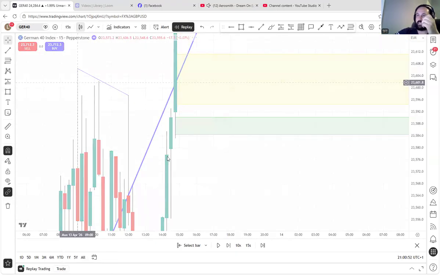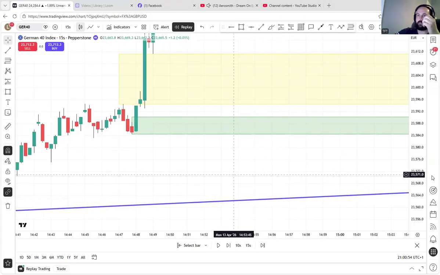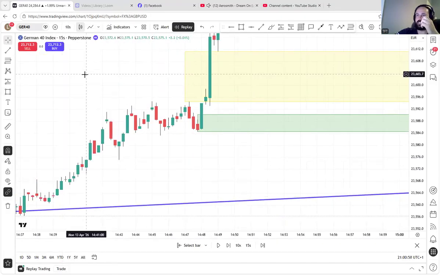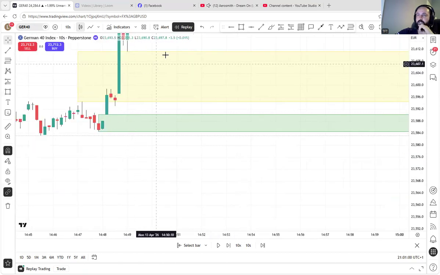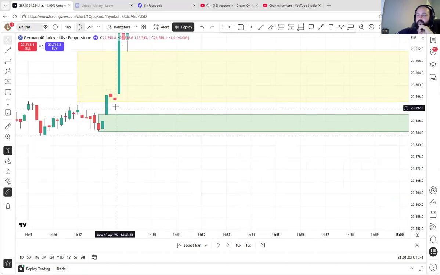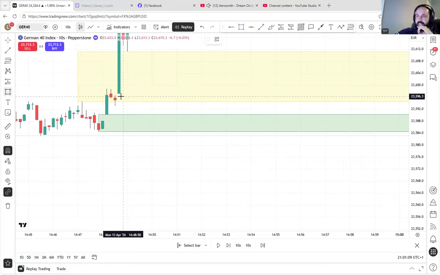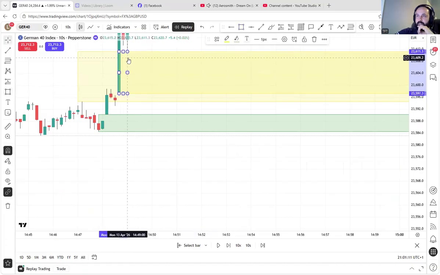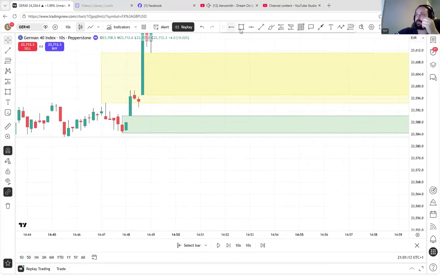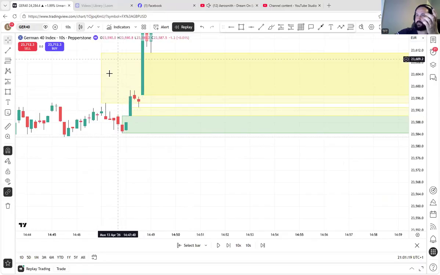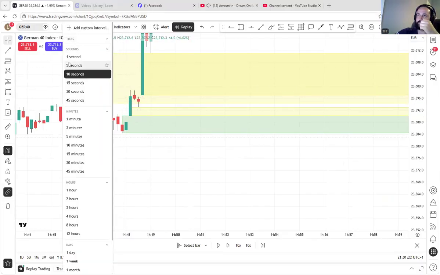But once we get down to the nitty-gritty of it, as you can see, I'll drop to 10 for what I was on. So on the 10, we get a little bit of imbalance here. Now this one's moved up slightly. I'll draw a separate box so you can start to see that they overlap and move slightly. On the 10, we have a couple of extra imbalances rather than this just being the 1 minute.